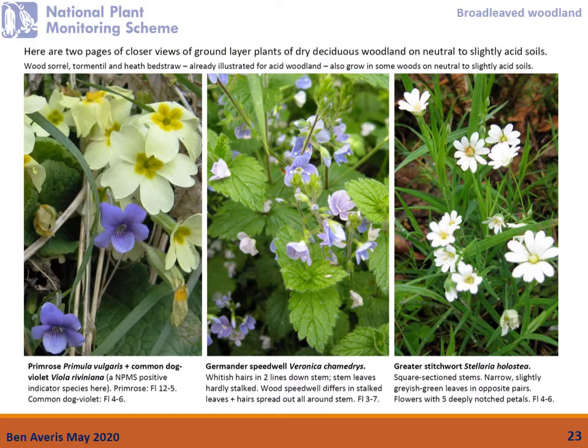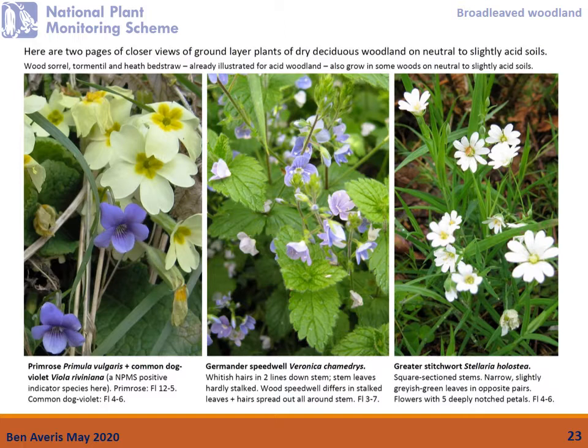Germander speedwell, that's a distinctive plant, not so much because of its flowers and its leaves, which look a bit like other things, although the leaves are fairly distinctive. Those toothed edges and the fact the leaves come in opposite pairs.